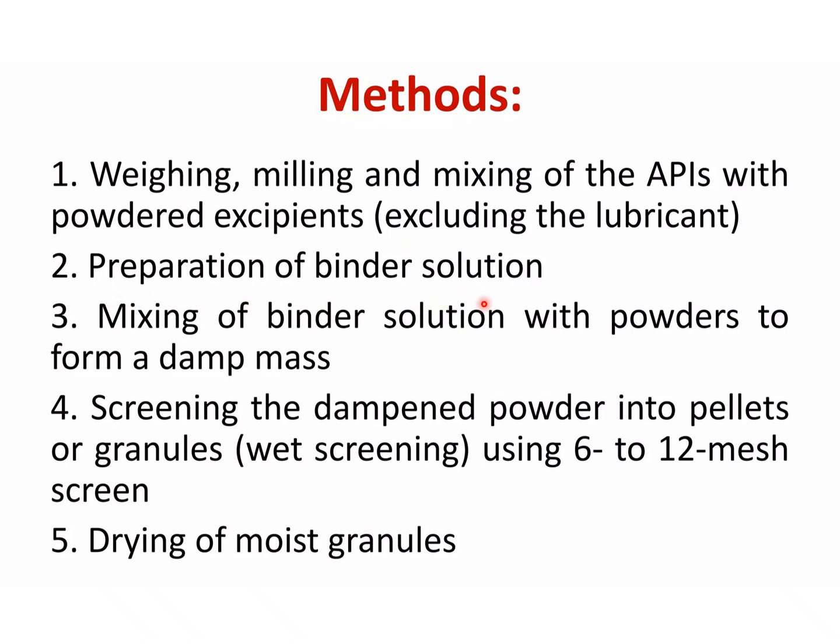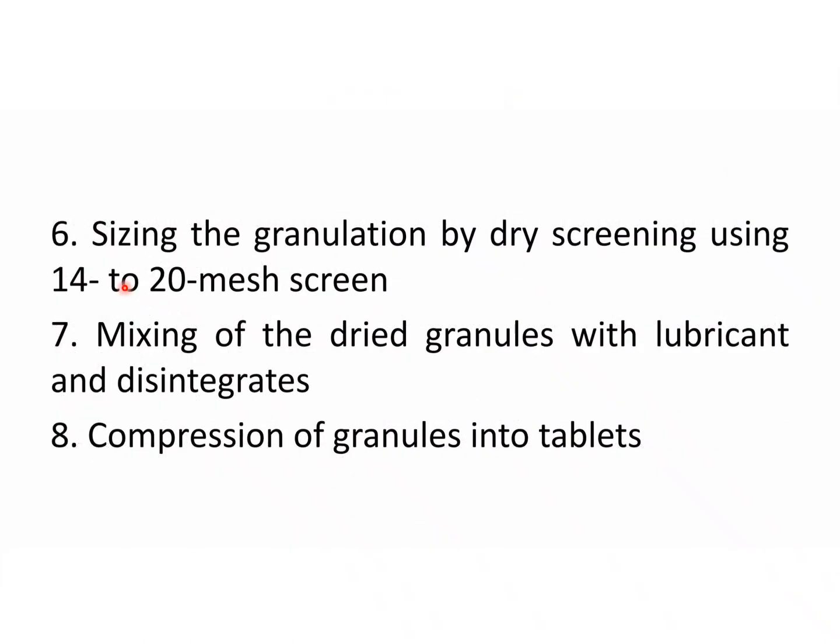Then preparation of binder solution, mixing of binder solution with powder to form a damp mass. After that, screening of the dampened powder into pellets or granules using a 6 to 12 mesh screen is performed. Then drying of the moist granules is done. After that, sizing the granules by dry screening using a 20 to 40 mesh screen is performed. Lastly, mixing of the dried granules with the lubricant and disintegrant. And finally, compression of the granules into tablets.